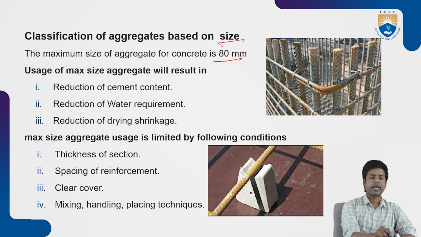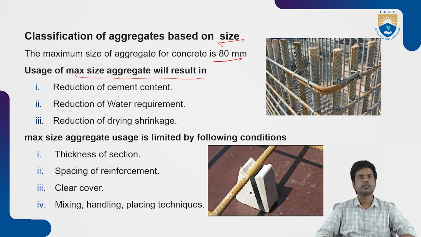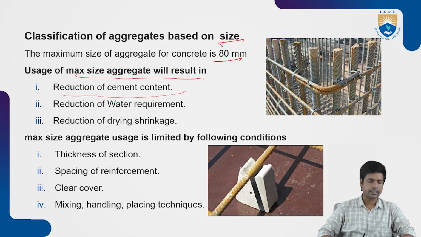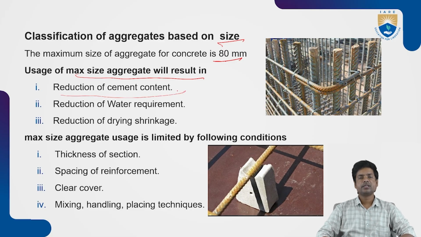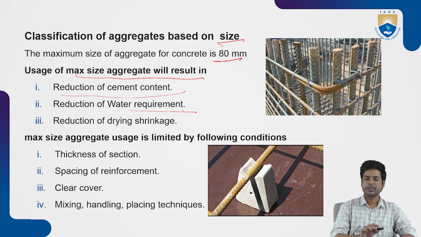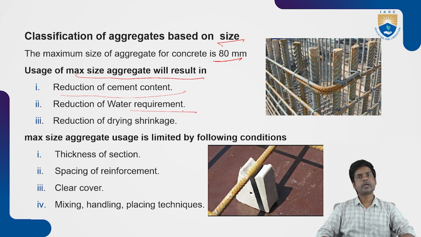If you use maximum size or bigger size aggregates in the concrete preparation, what is the result? The first one is reduction of cement content. We are going to reduce the cement content by adding the aggregates. Next, reduction of water content. If you reduce the cement content, automatically the water content requirement is also less.